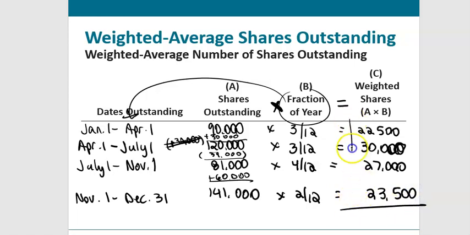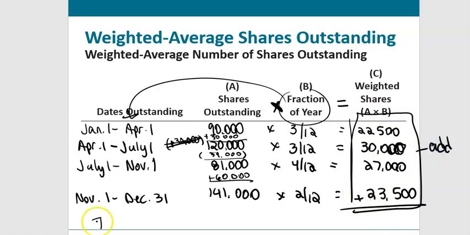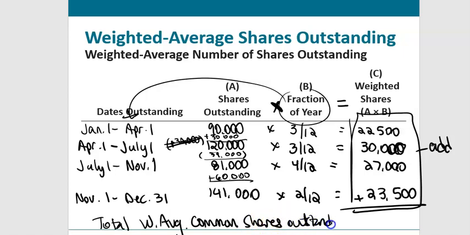We add all of this up to get total weighted average shares outstanding equal to 103,000. And that's going to be our denominator in our basic earnings per share calculation.